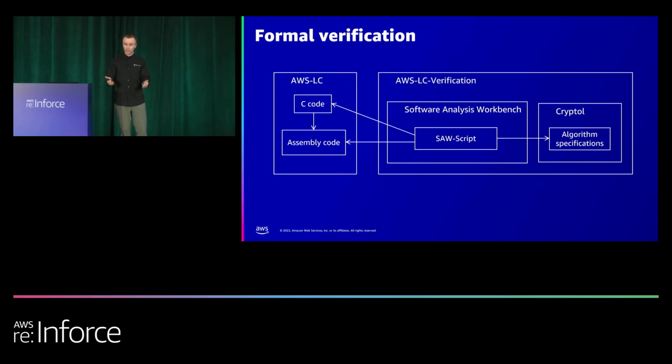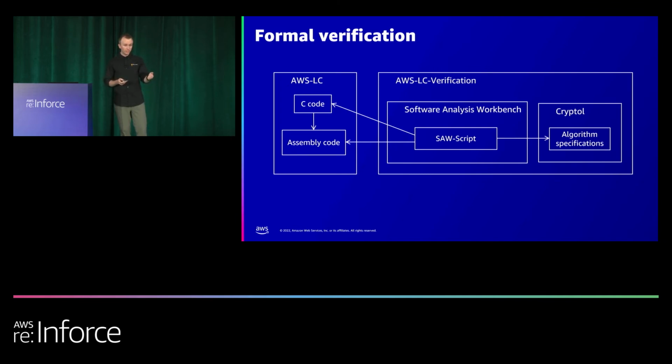What the Software Analysis Workbench does is it proves equivalence, that our C and x86 assembly code is equivalent to the mathematical specification of AES-GCM in this example. And this is powerful because it lets us change our AWS-LC code and prove that it is still correct because the mathematical specification in Cryptol did not change. That is written once and it never has to change, whereas the code can be updated to take advantage of new improvements.